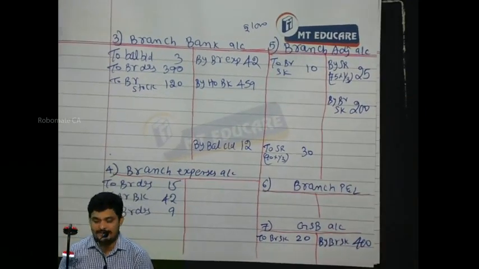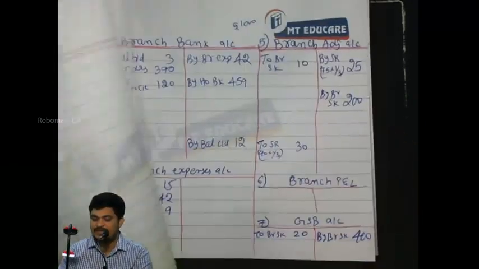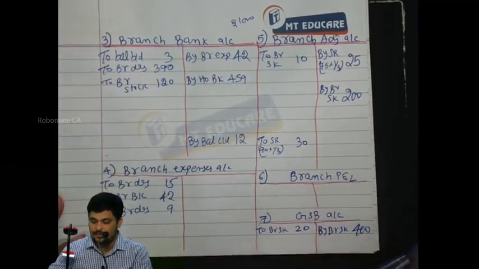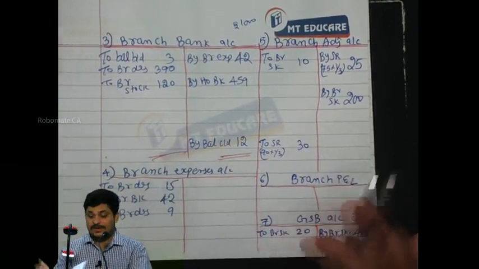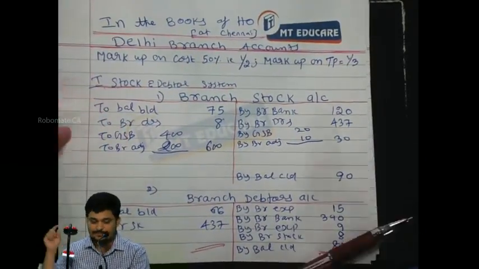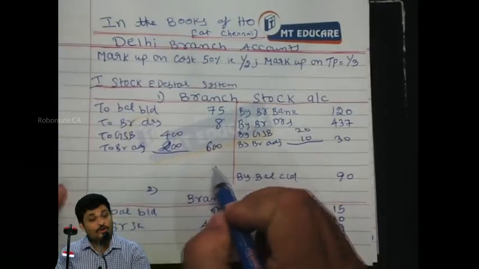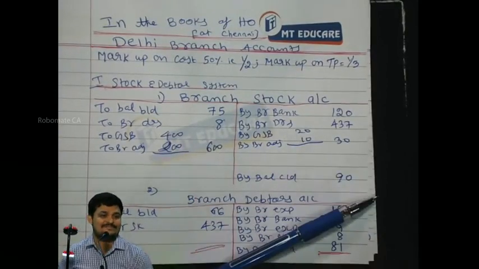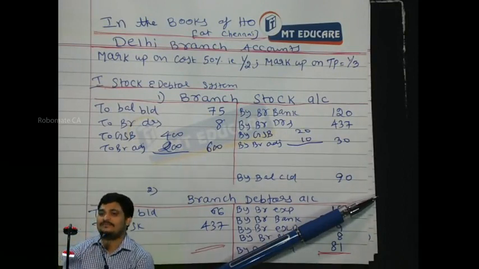All items posted. Out of these three accounts, first try to balance debtors and bank. Oh, bank account tallied. Super. Debtors also tallied. No missing information. In the stock account, usually the credit is higher. This time we see the debit is greater.